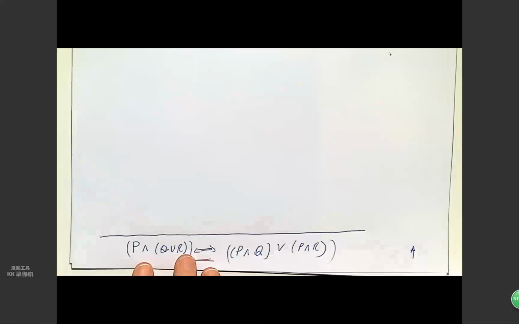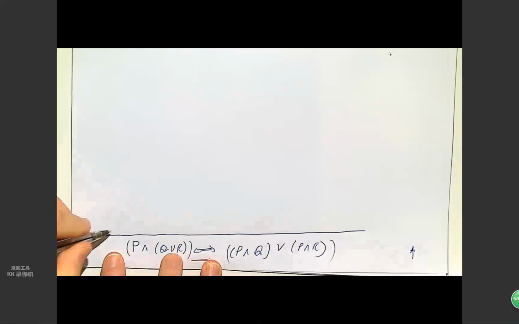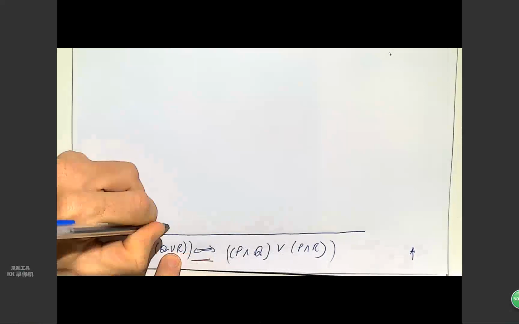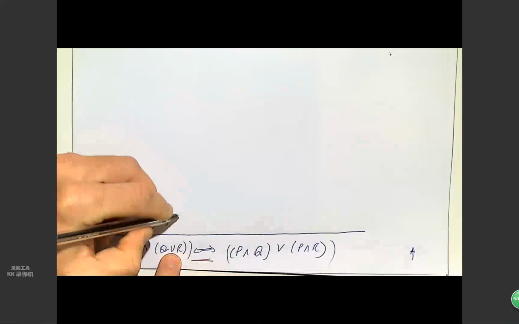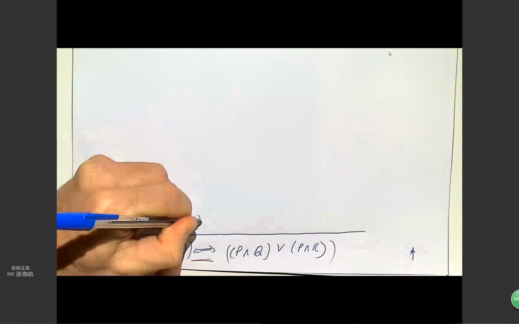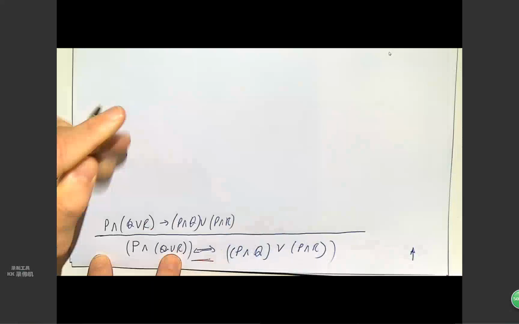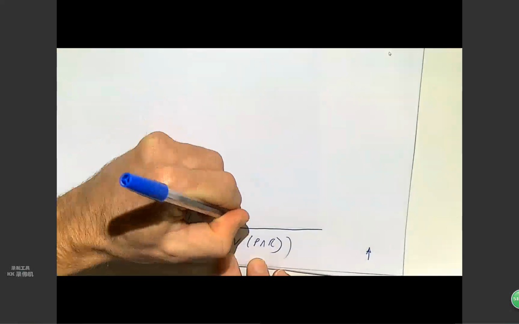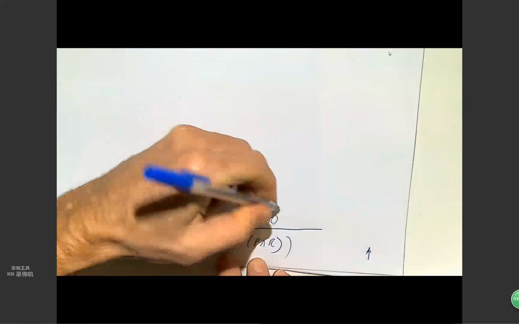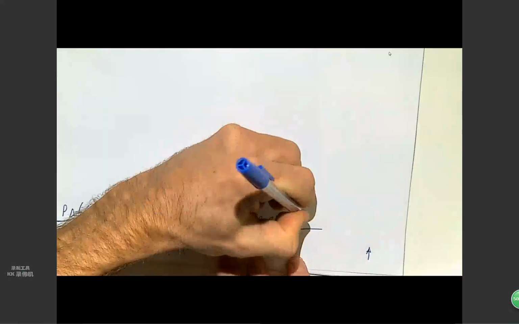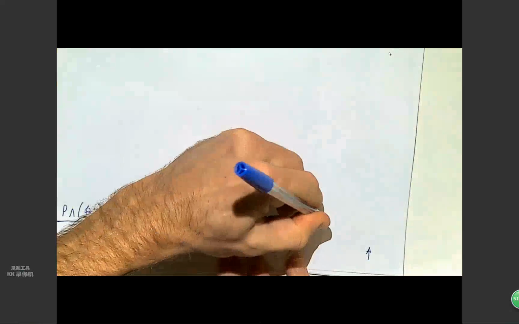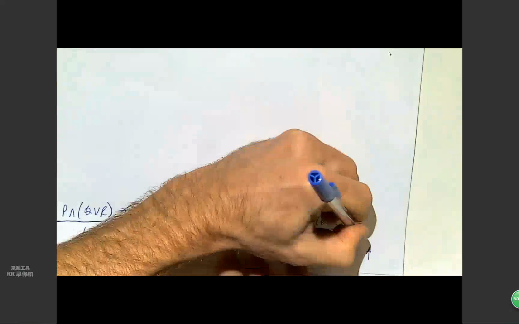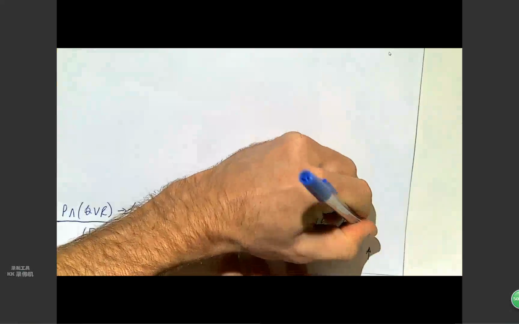So I have two proofs to do here, which is P and Q or R implies P and Q or P and R, and then I have on the other side P and Q or P and R implies P and Q or R. And this was by if and only if introduction.